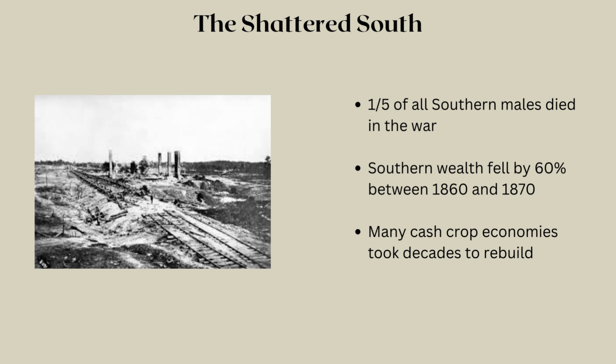Technically, it was the value in the enslaved humans that was the largest economic loss to the South. Not the cotton, not the tobacco, not all the cash crops. It was the loss of human capital. That transition is going to be the deciding factor in how the South recovers from the Civil War. We'll see that in just a moment.